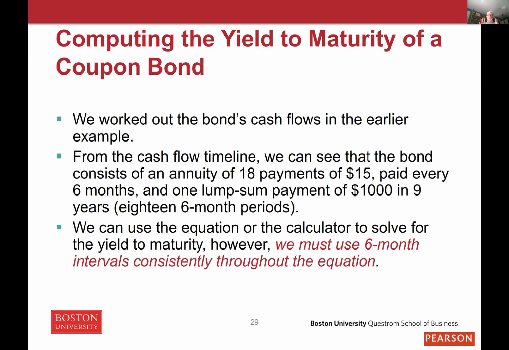So we worked out the cash flows earlier. And what we do with those cash flows is 18 is going to be our N. 15 is going to be our payment. We're going to get 1,000 at the end, so that's going to be our future value.